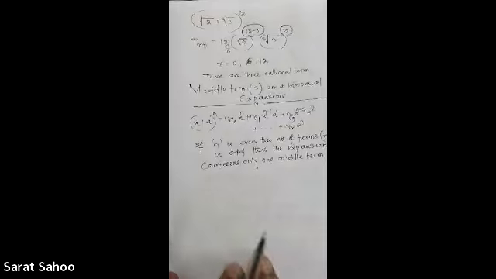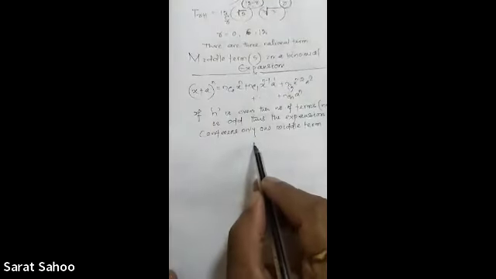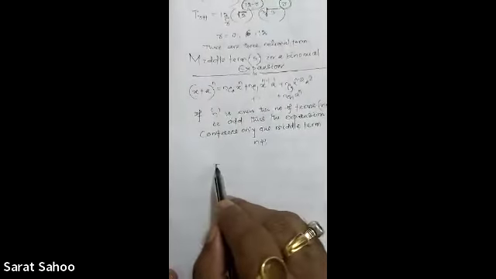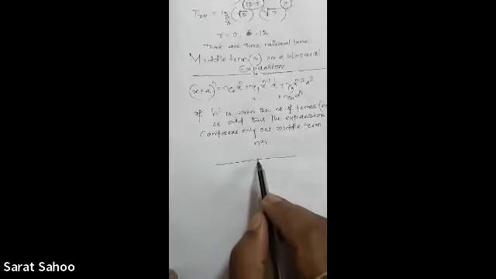Thus the expansion contains only one middle term. The middle term: the total number of terms is n plus 1, and one middle term is there.